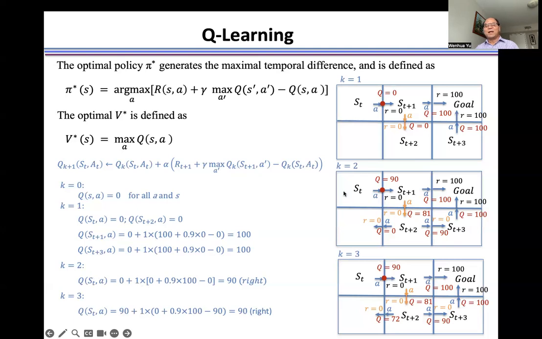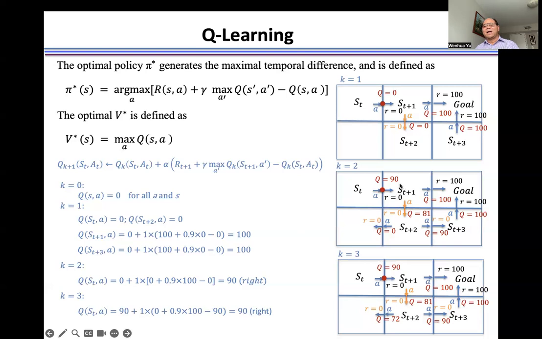For k equals 2, we calculate the Q at this point, by selecting this action A. From here, this previous Q is 0. Alpha is the learning rate. This R is 0 because there is only a non-zero R at the goal. And here, this is the future discount rate, suppose 0.9. And this is 100.